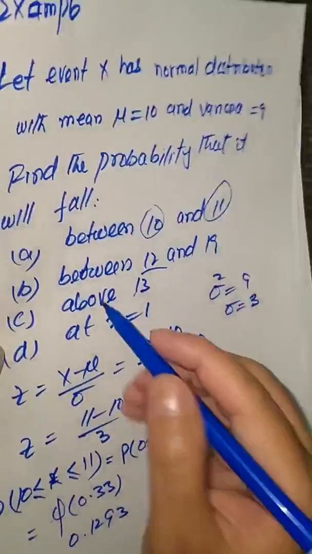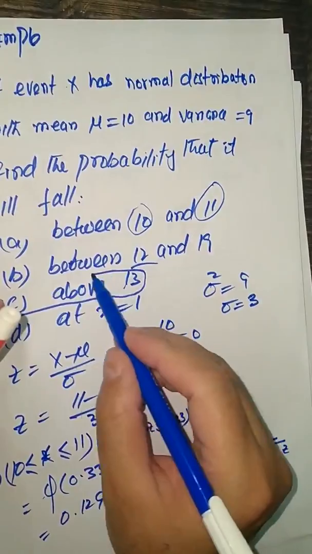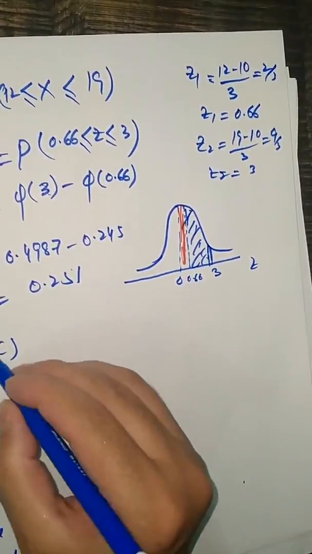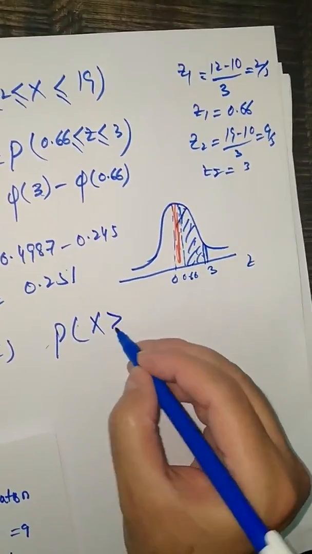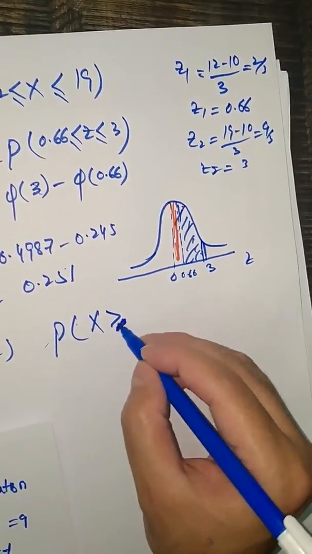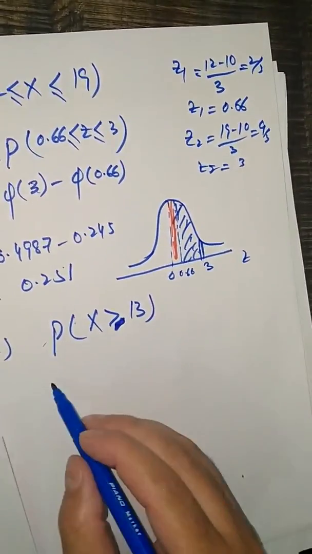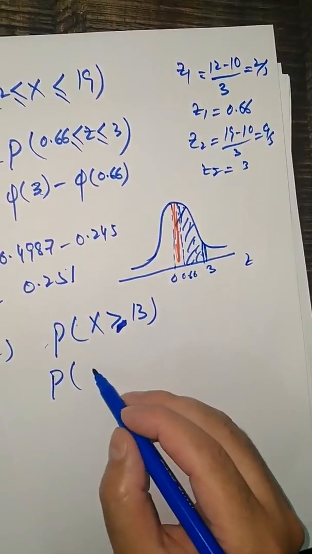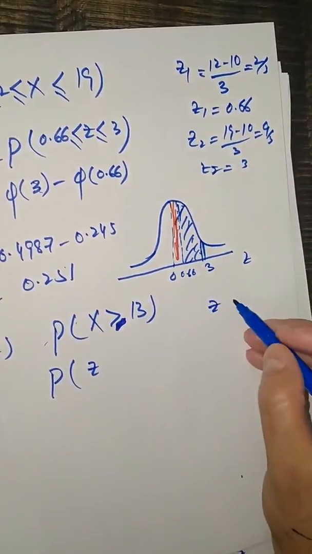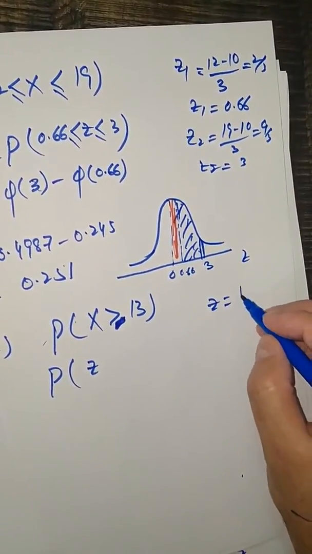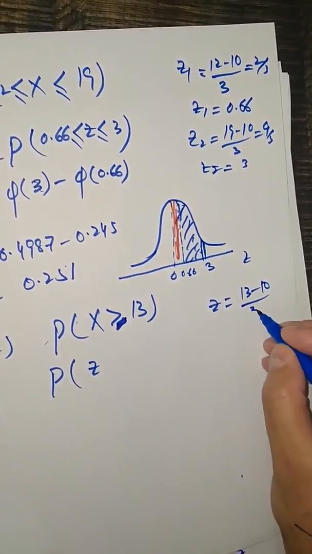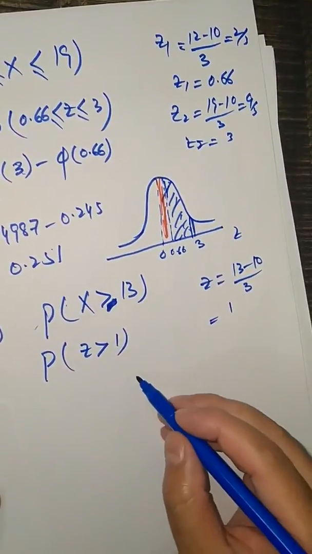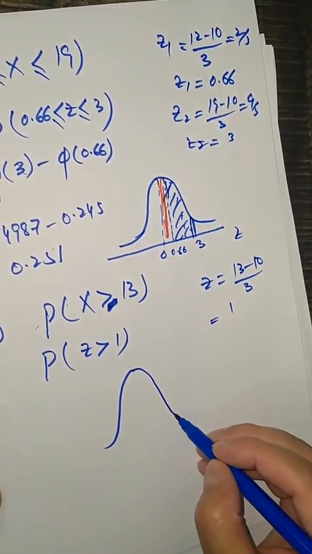So in the third case, C, when x is above 13, the probability would be x greater than 13. So I can write z as 13 minus 10 divided by 3, which is equal to 1. Z is greater than 1.